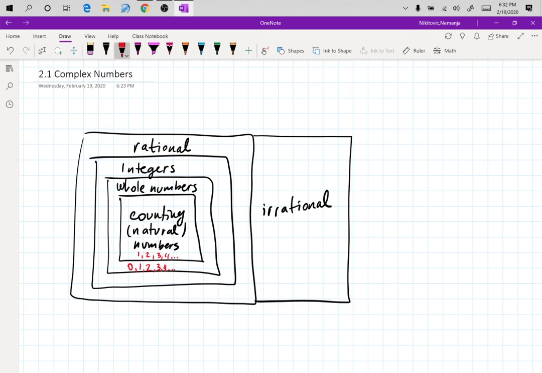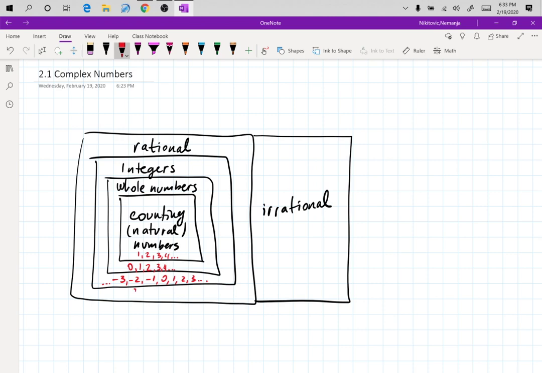Integers are going to add negative numbers into the whole mix. So we can start with -3, -2, -1, 0, 1, 2, 3, forever, right? So integers add negatives to the game. And then a rational number is any number that you can write as a fraction.